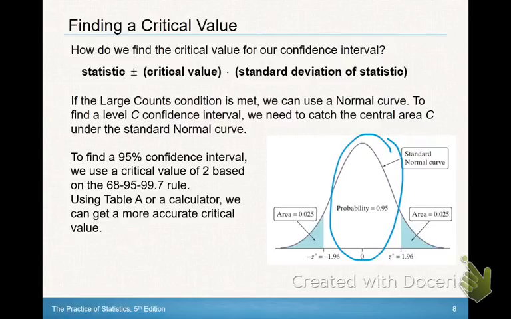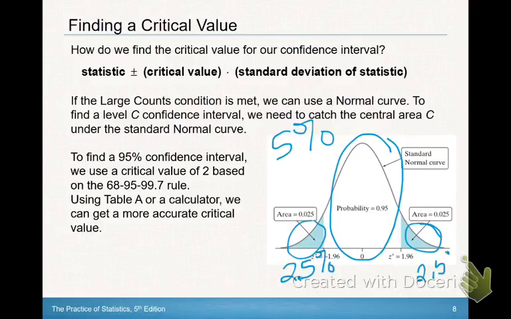So the area remaining on the outside is 5%. We have to split that into both portions, so this is really 2.5% and this is also 2.5%.